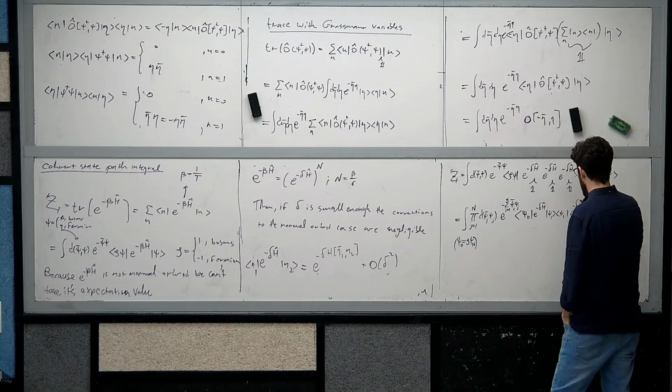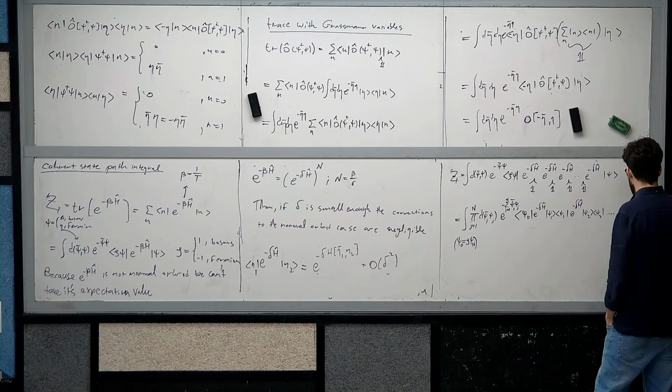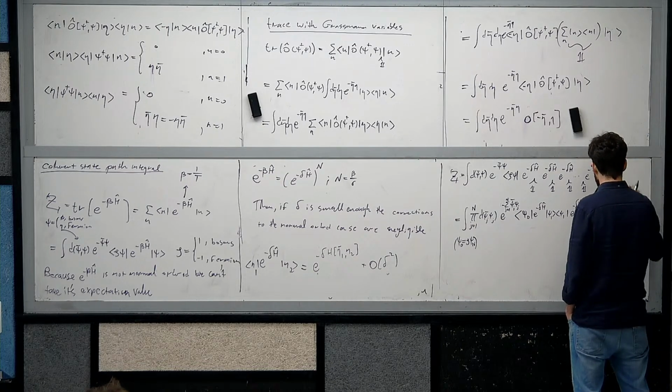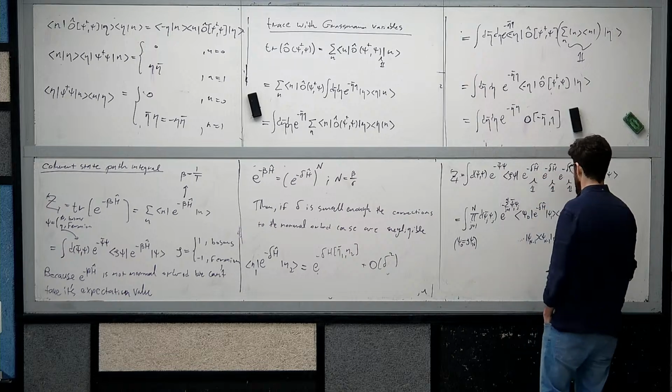Now, e to the minus delta h, psi 2, psi 2, and then my last guy is like psi n minus 1, psi n minus 1, e to the minus delta h, psi n. That's it.